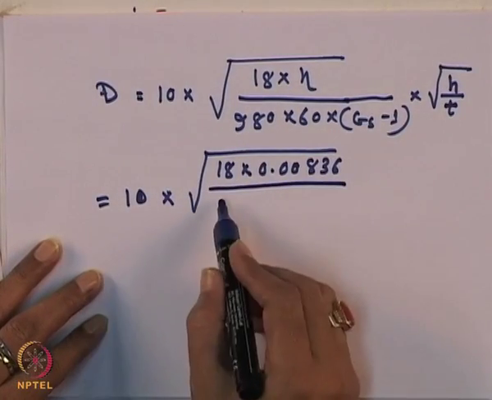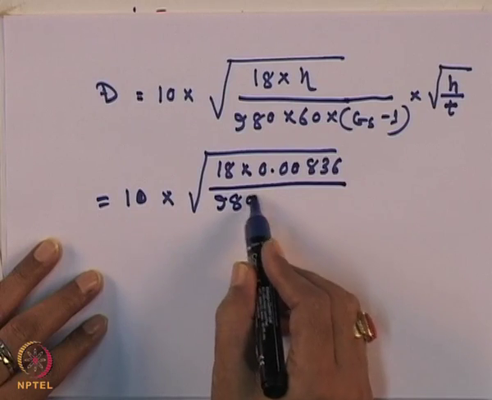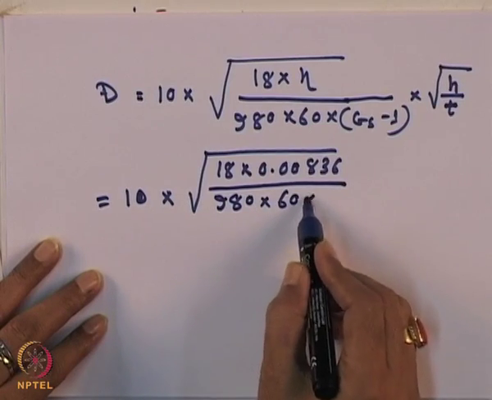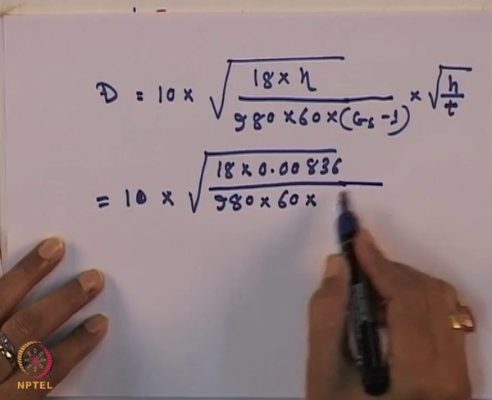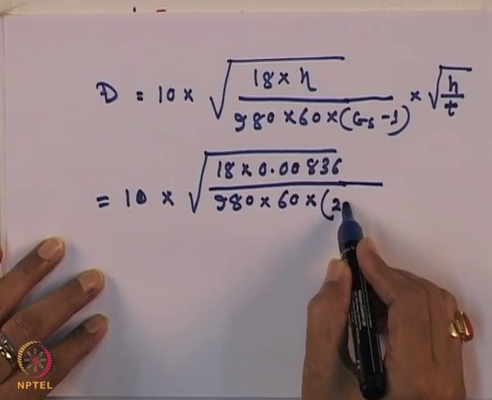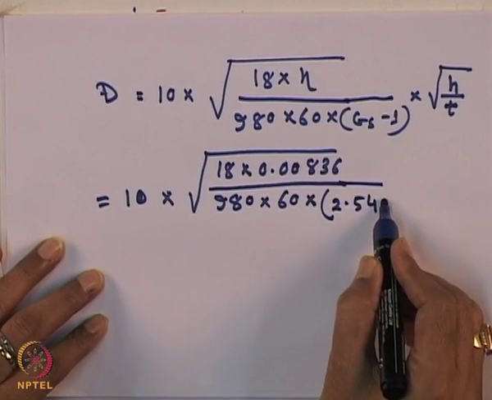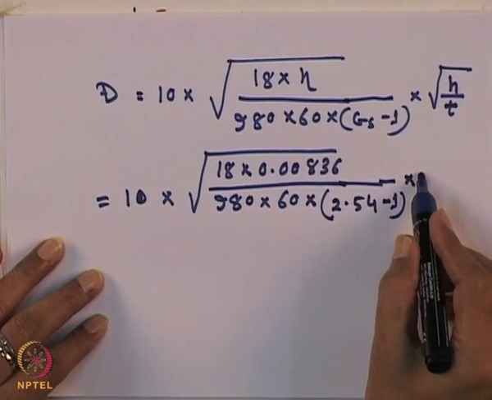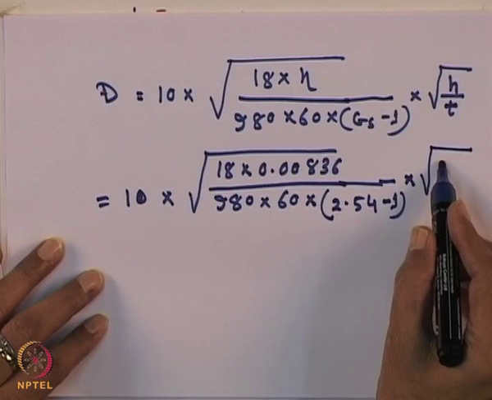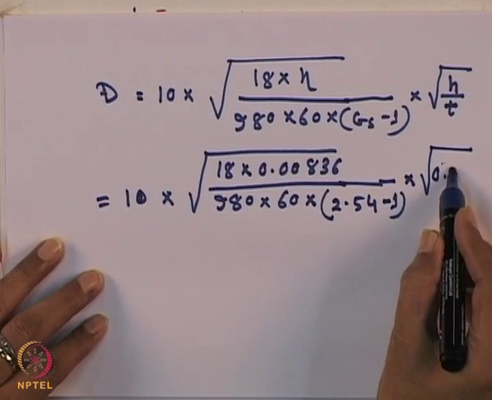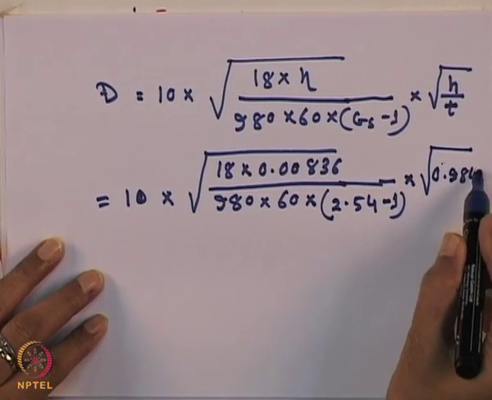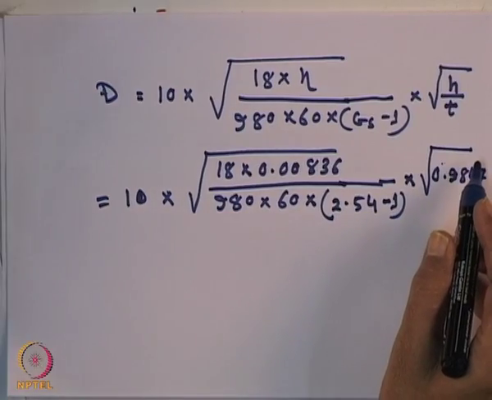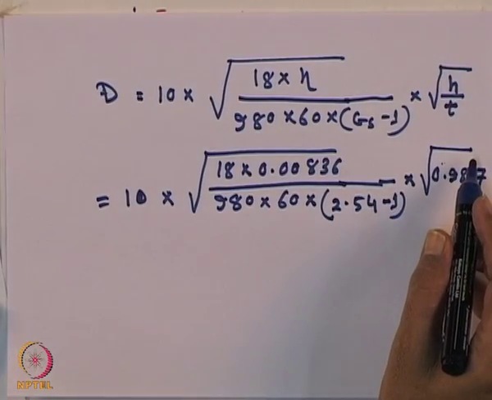This divided by 980 into 60, and the specific gravity of soil is 2.54, minus 1, into H by t. H by t you have already calculated earlier, that is 0.9847.